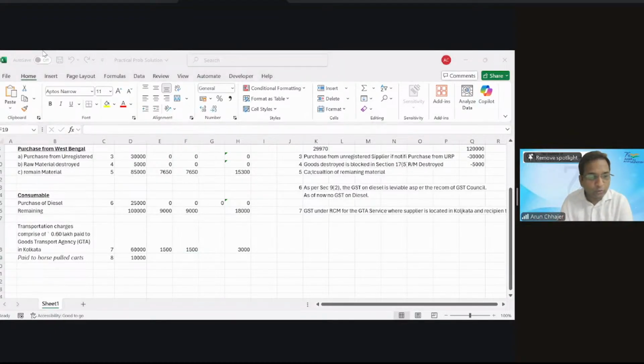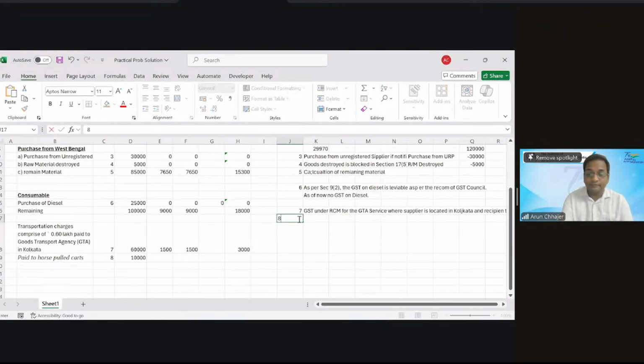Oh, horse pull cart, no GST. Can you give me the reason why no GST? What will you write in the exam?